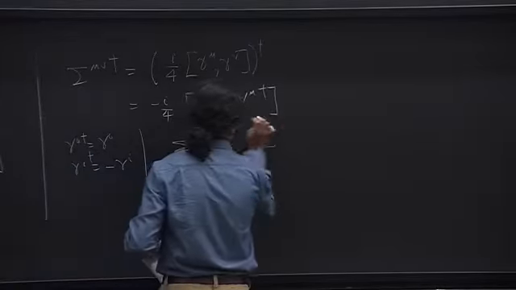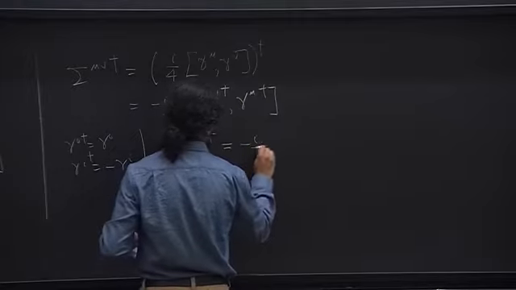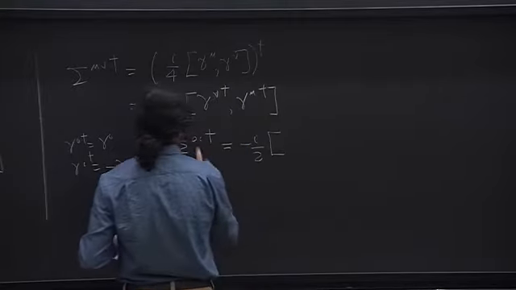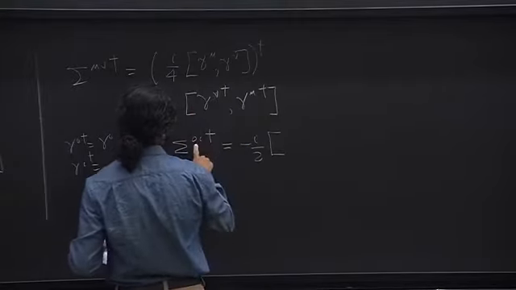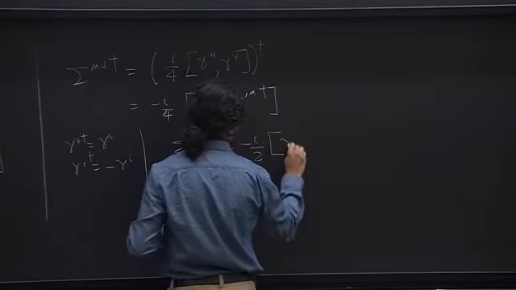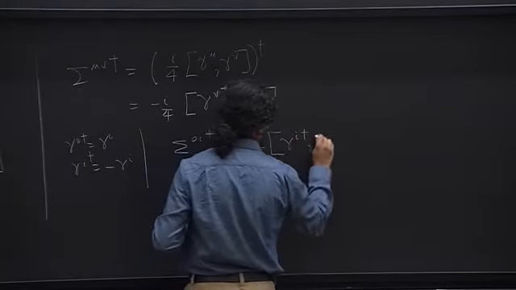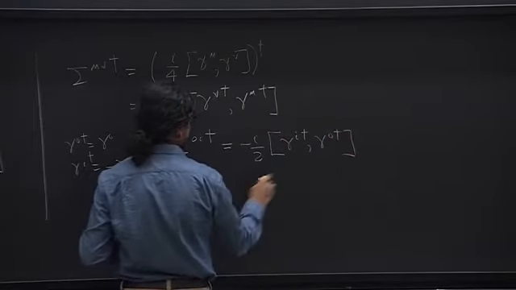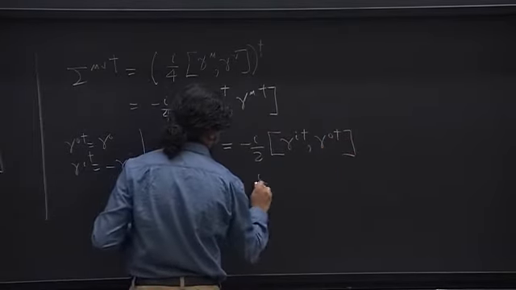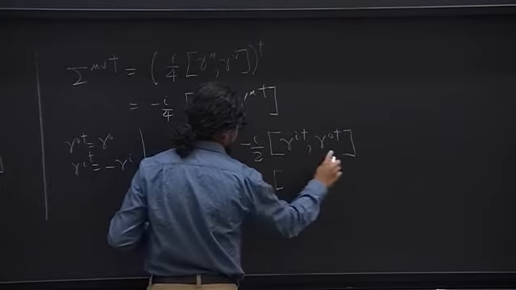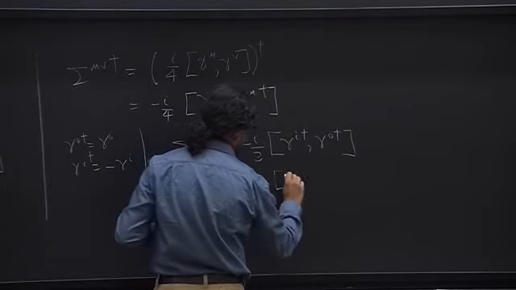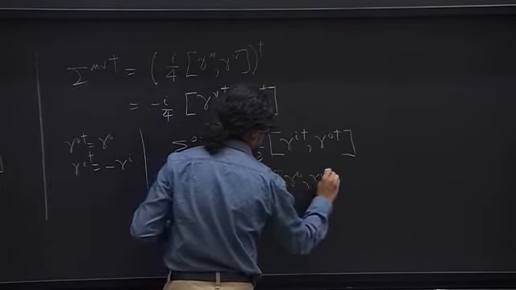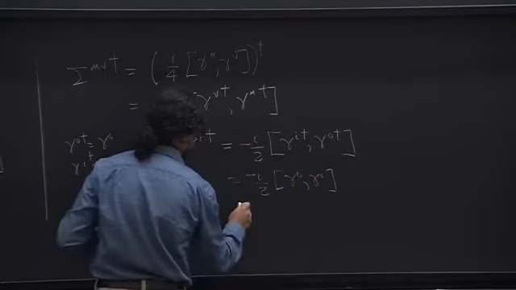Let's just do it more carefully. So it's i by 2, gamma 0 gamma i. The mu is 0, and this is i. So I take the dagger, right? This doesn't give me a minus sign, but this gives me a minus sign. So I get i by 2, but this is antisymmetric, so if I change the order, I get another minus sign.